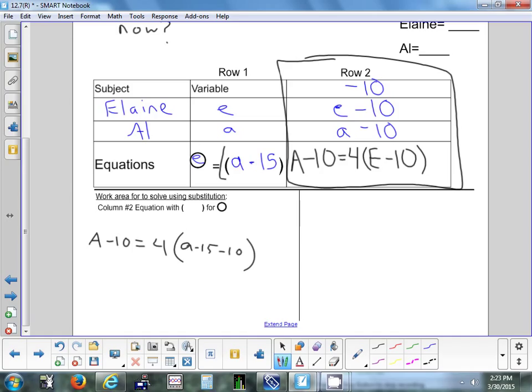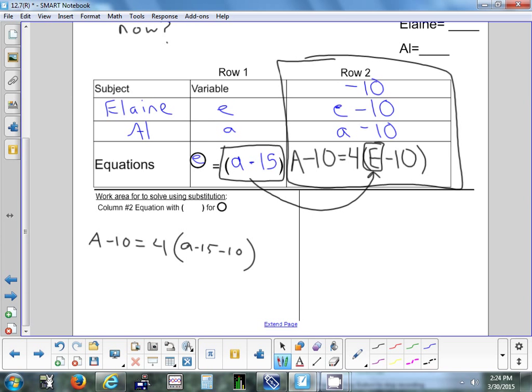So she took A minus 15 and plugged it in for E. Very good. Okay, guys, let's finish up. Any question on that, the first step?